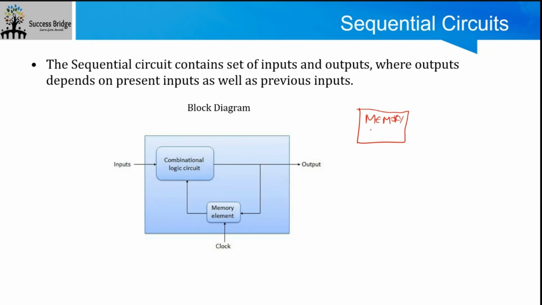So what do you mean by memory element? In this context, what is the memory element? How many memory elements do we have? Anybody?